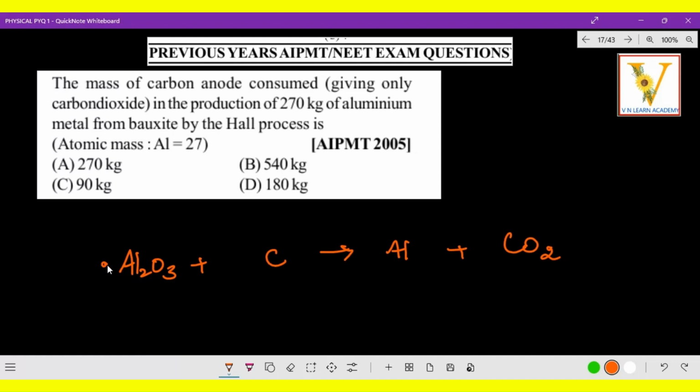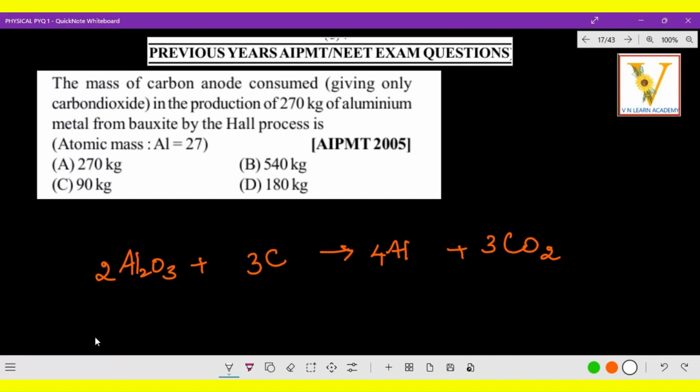Here 2 moles of Al2O3 require 3 moles of carbon. 4 moles of aluminium here, and oxygen 6 is there. You put 3 CO2, so that you get 6 oxygen, 3 carbon. Yes, it is balanced.